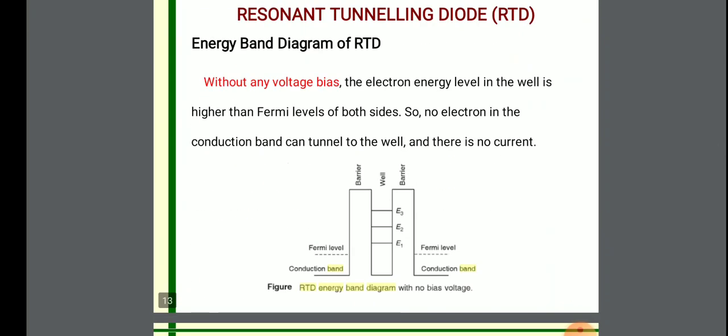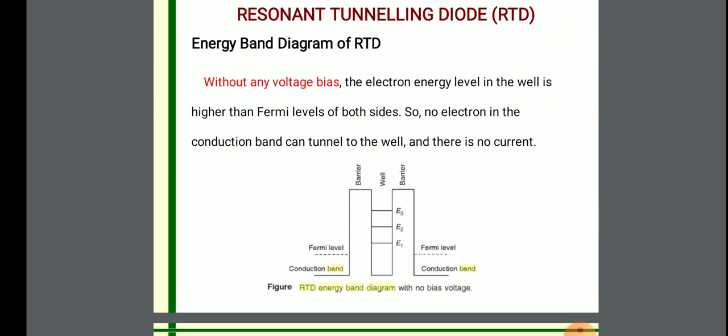This is the energy level diagram of RTD. Without any voltage applied, the electron energy level in the well is higher than the Fermi energy level of both sides, so that no electrons in the conduction band can tunnel to the well.